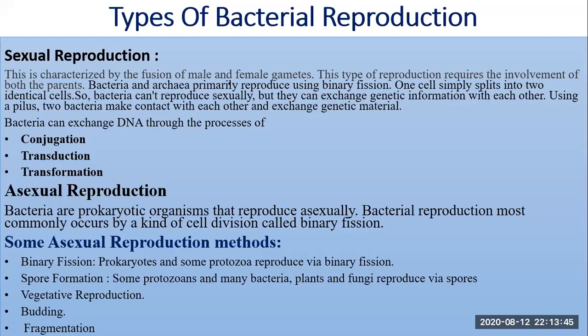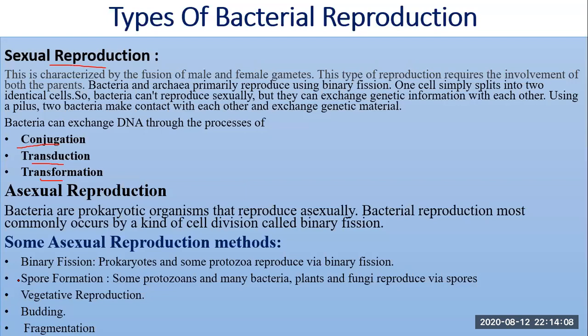In case of bacterial reproduction, bacteria can reproduce both sexually and asexually. In sexual reproduction, it happens by three methods: conjugation, transduction, and transformation. And in asexual reproduction, there are lots of processes within it.